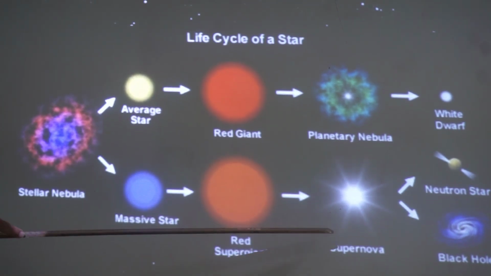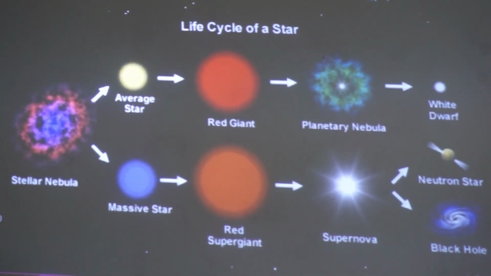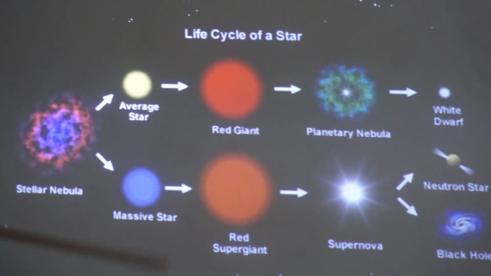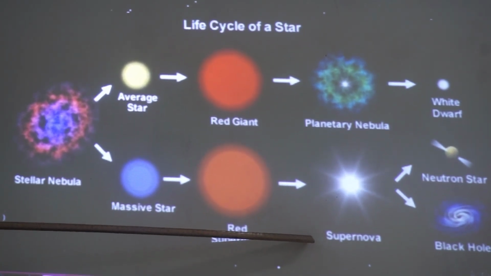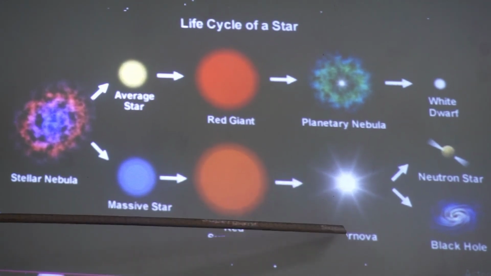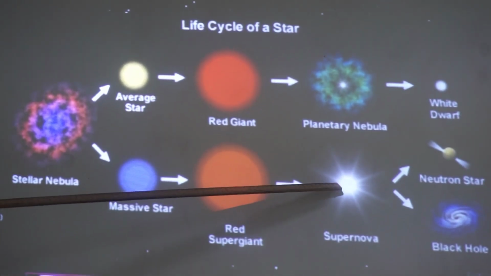That explosion is known as a supernova. So in the supernova explosion, hydrogen is thrown outward, and the inner part, that is helium or carbon, is left over.